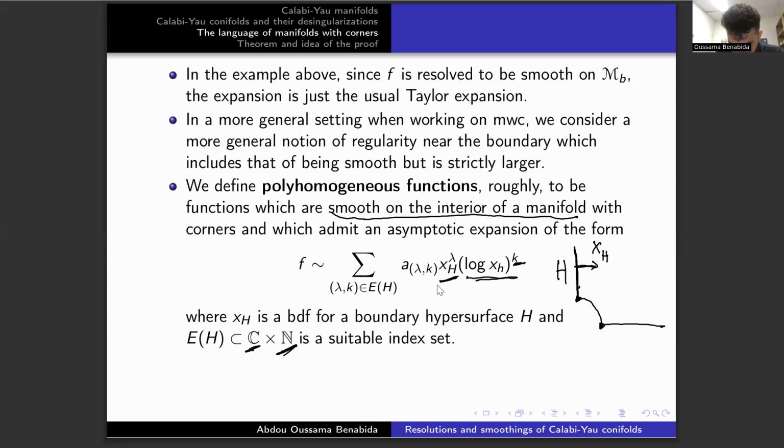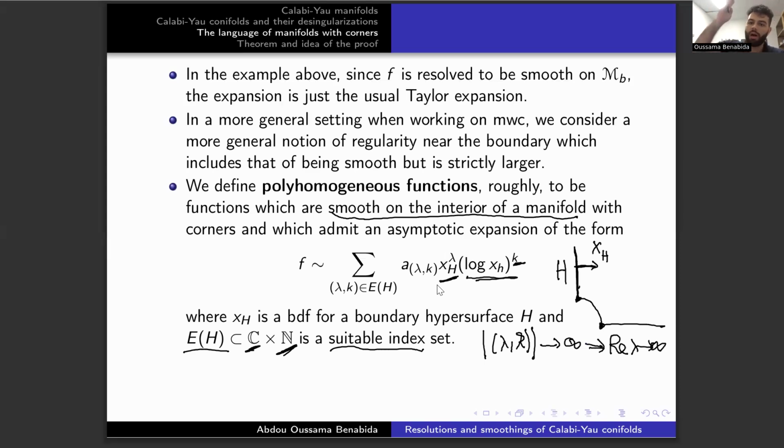And we suppose certain conditions on what we call a suitable index set. In particular, the most important condition is that if the norm of (lambda, K), so the square root of lambda squared plus K squared, goes to infinity, this implies that the real part of lambda goes to infinity. Another way of understanding this is that if we fix lambda, there is only a finite number of terms of logarithm.